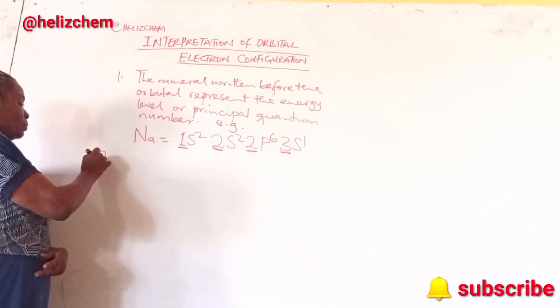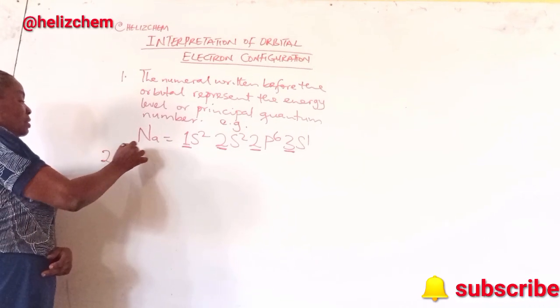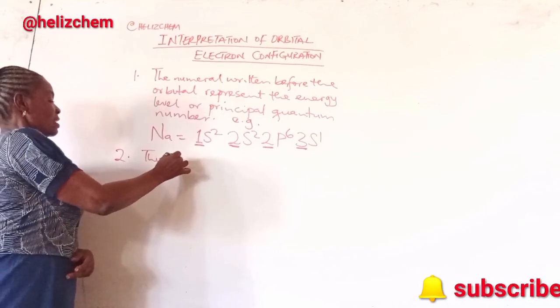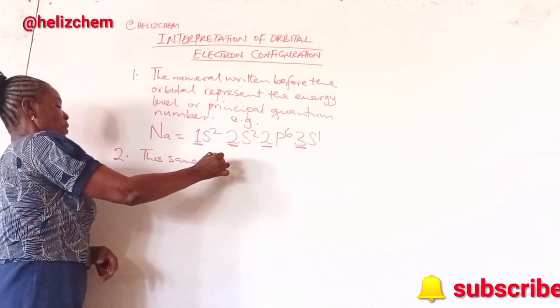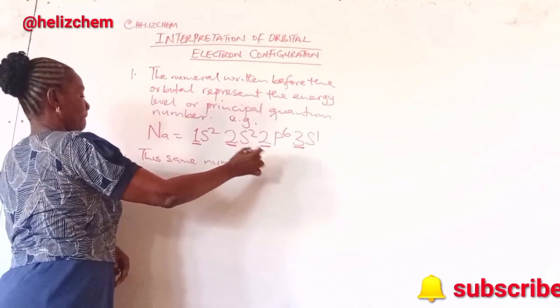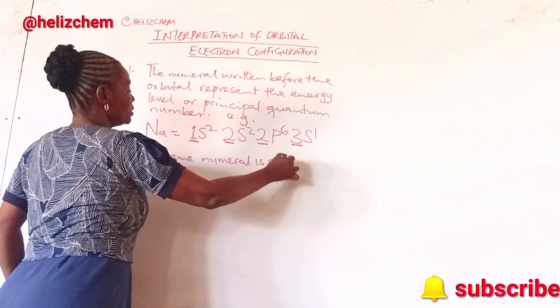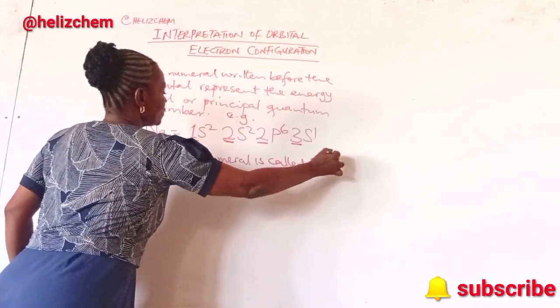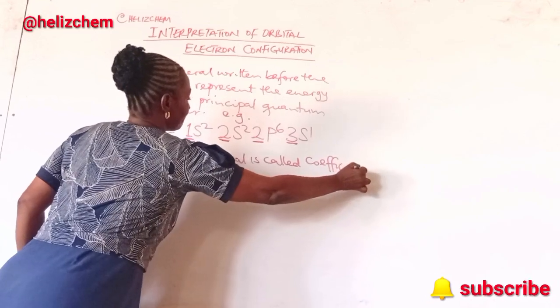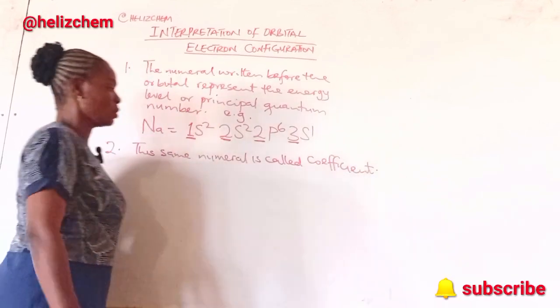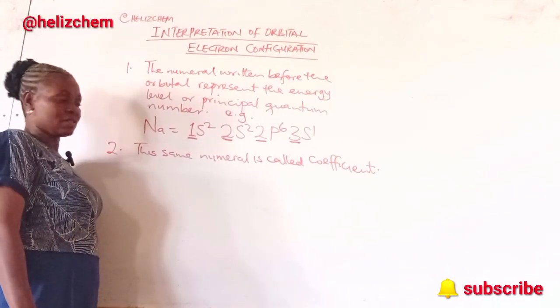Number 2, this same numeral is called coefficient. We call it coefficient.